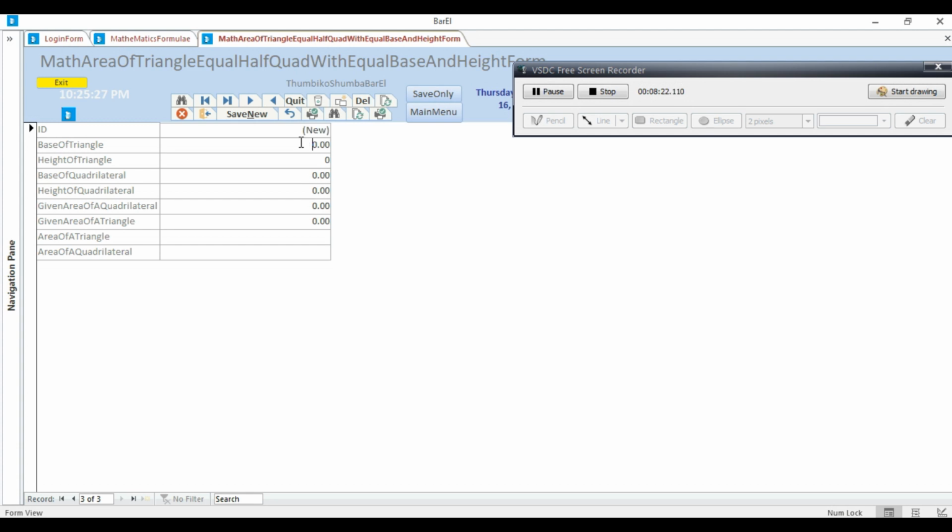Let us say the base is 10 and the height is 25. If the base is 10 and the height again is 25, and if the area of a quadrilateral is 80, then the area of a triangle is 40.